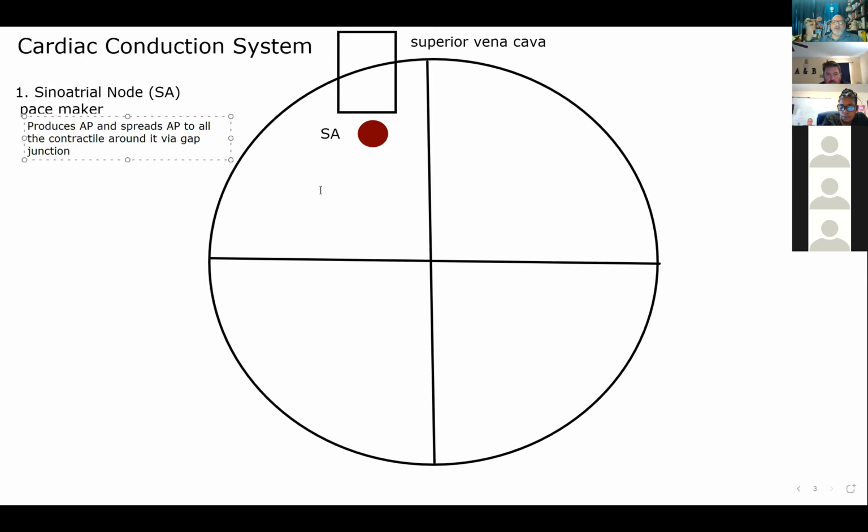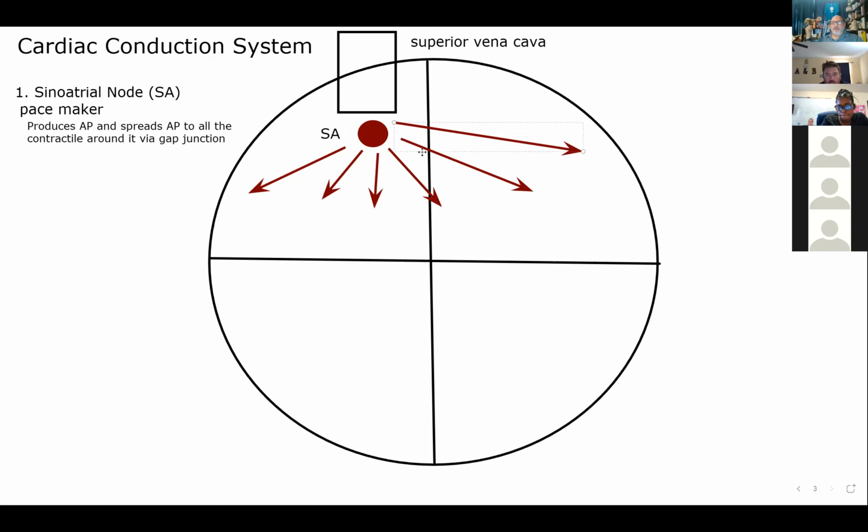And then, of course, those contractile cells are going to spread it through their gap junctions to the cells next to them, and they're going to spread it to the cells next to them. So basically what happens is that this action potential is spread throughout the atrium.